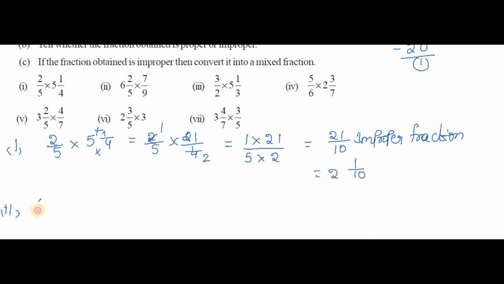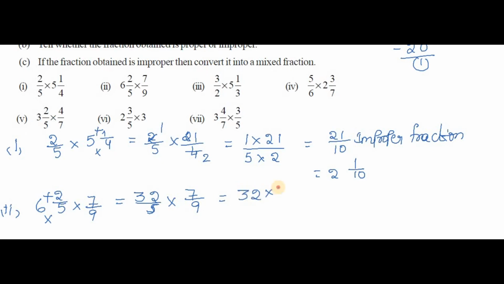Now second question, 6 2 by 5 into 7 by 9. 6 5s are 30 plus 2, 32 by 5 into 7 by 9. So 9 and 32 will not go, 7 and 5 also will not go.